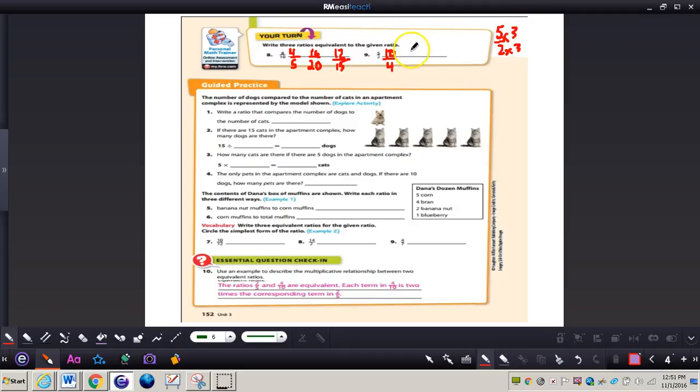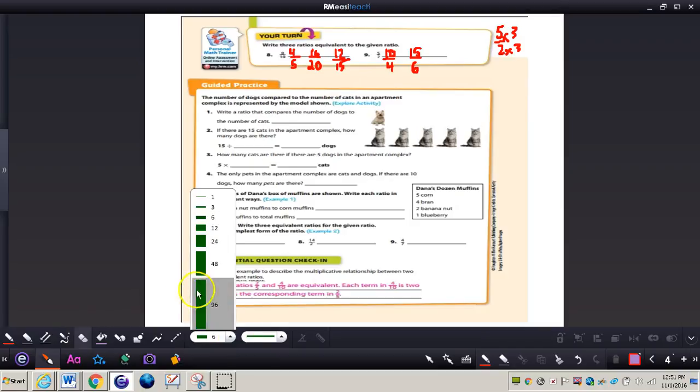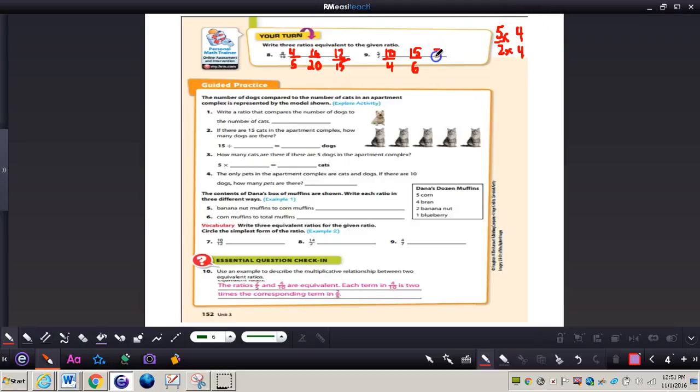That's going to give me 15 to 6. And then I can also even multiply my numerator and denominator by 4. And that's going to give me 20 to 8. So there's a few different ways that you can write equivalent ratios.